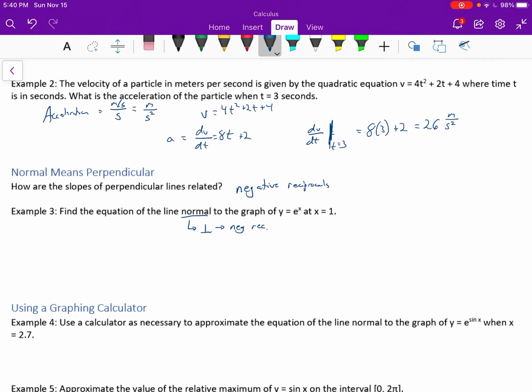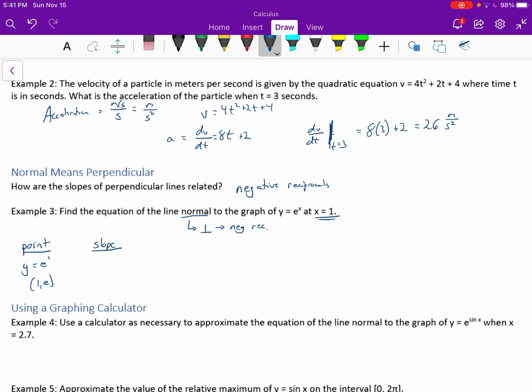So in order to write the equation of a line, we need a point. Well, to find the point, the function is y equals e to the x, and we want to find this line when x equals 1, so we put 1 into our function. So y equals e to the first. So our point is (1, e). And then we need the slope.